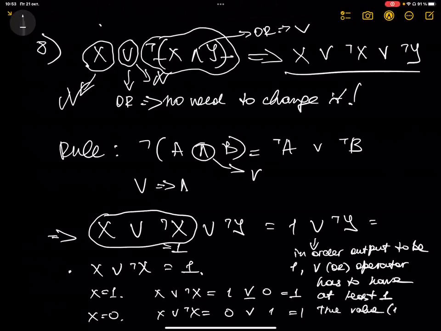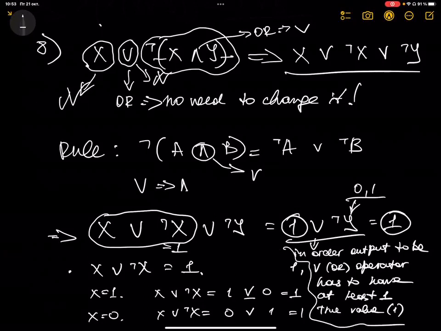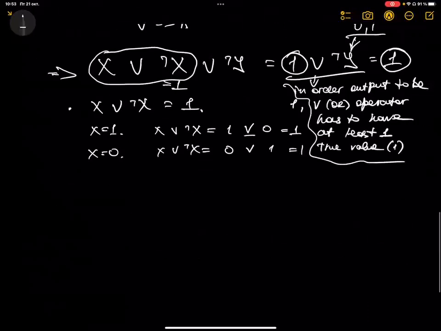True value is 1, okay? So there is already 1, so it doesn't matter whether Y is 0 or 1, the output is always going to be 1, okay? Because this is a formula, or this is a rule of the OR operator. I hope it's pretty understandable.